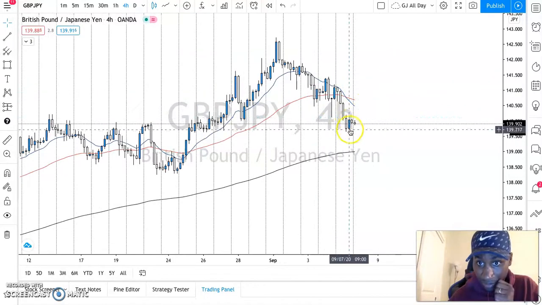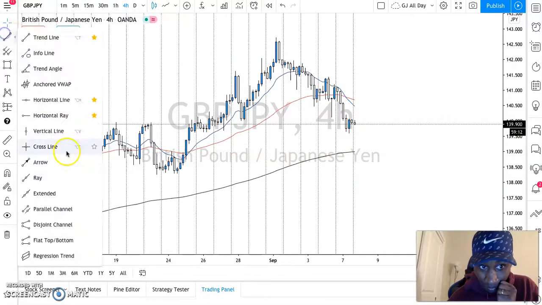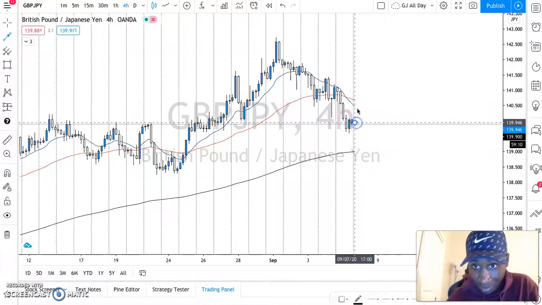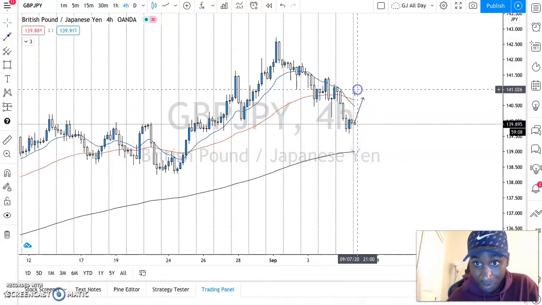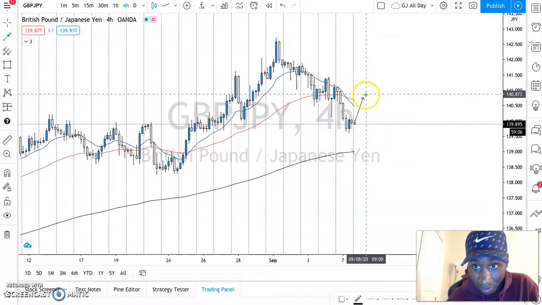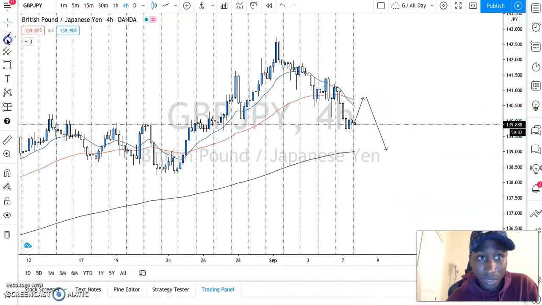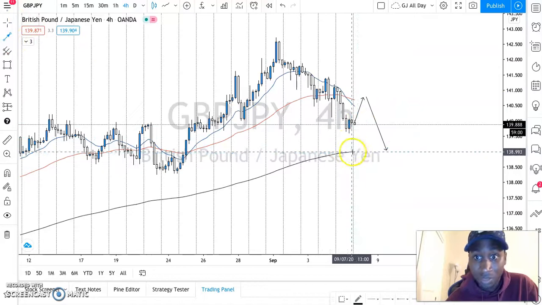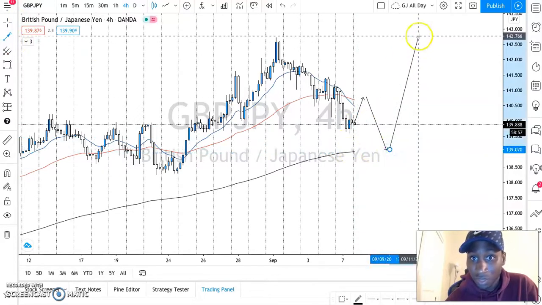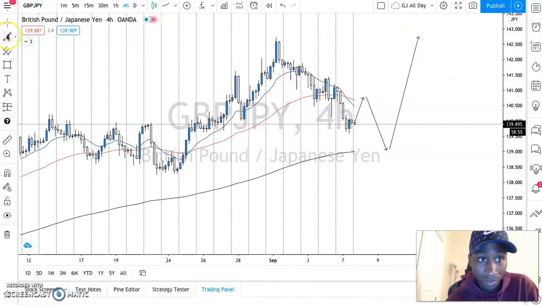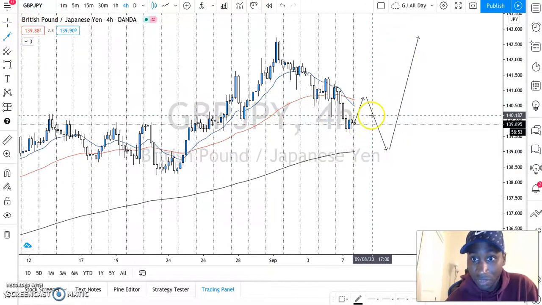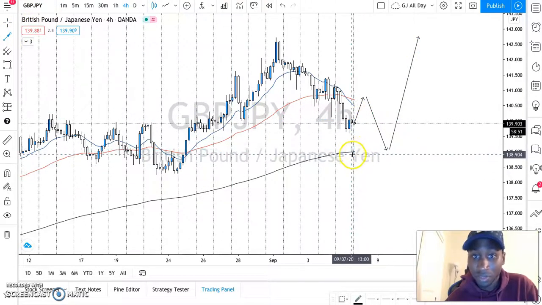So for this week, tomorrow's Tuesday, I'm thinking we're going to make our way up and then make our way down to this 200 EMA. And from there, because I know this is super strong, it can kick up. Or if it goes down, it's going to have to ram through this just because this is so strong.